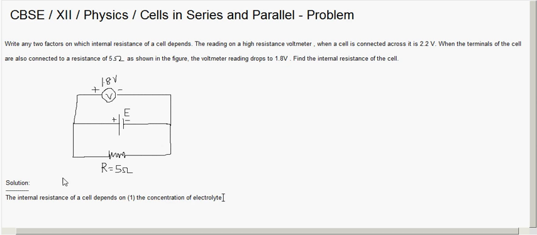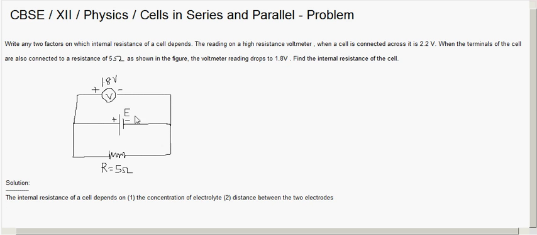And the second one is the distance between the two electrodes. The concentration of the electrolyte and the distance between the two electrodes.